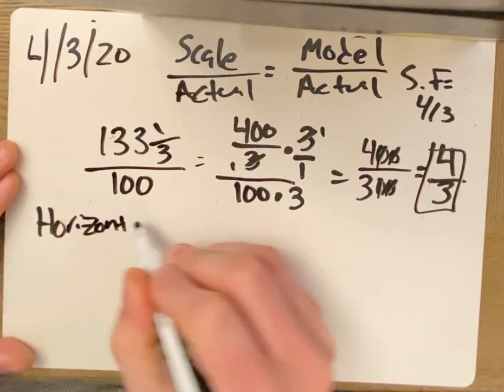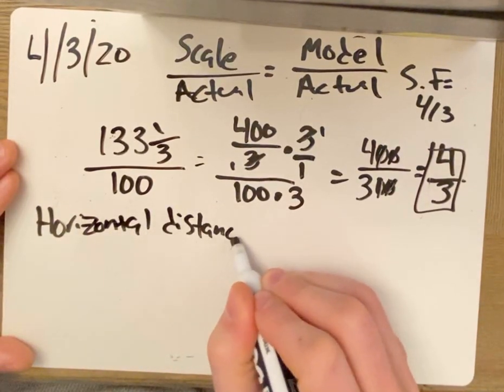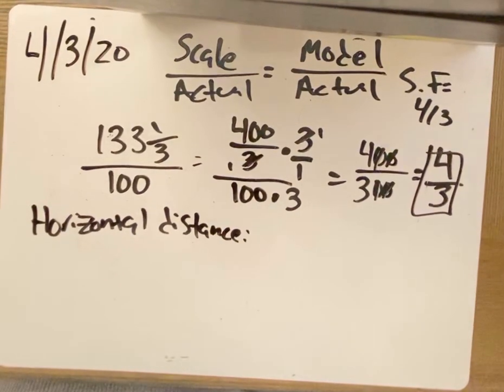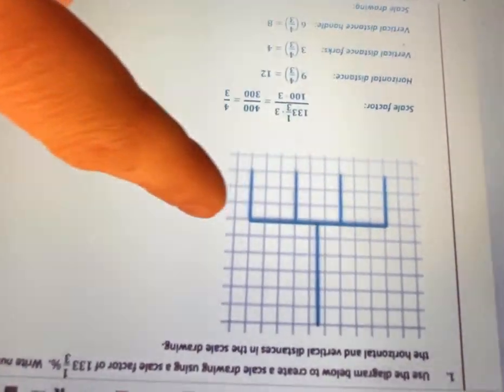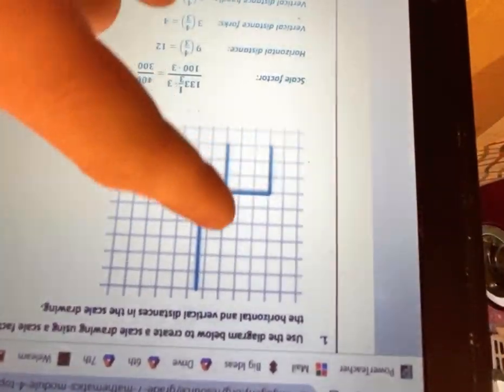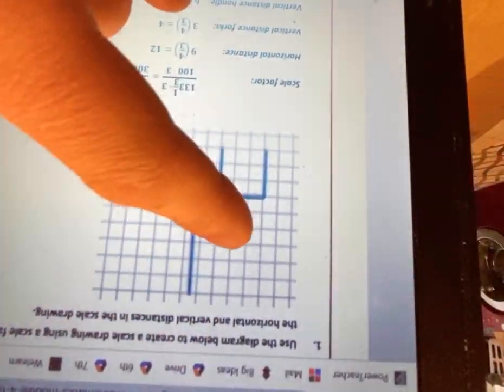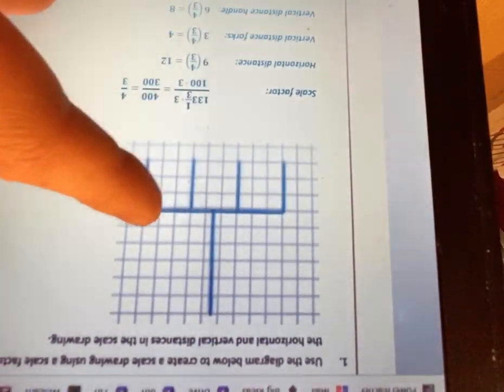This is the horizontal distance, okay? This is the vertical distance, and these are the forks, okay? So what we're doing is, on your paper, you're just counting how many boxes they have, all right?